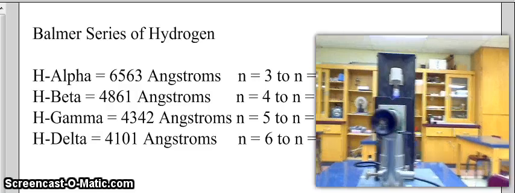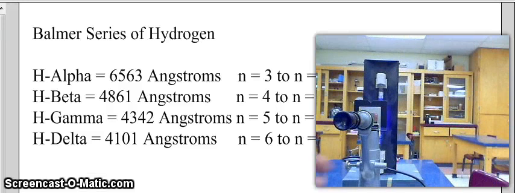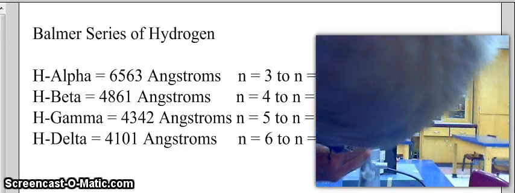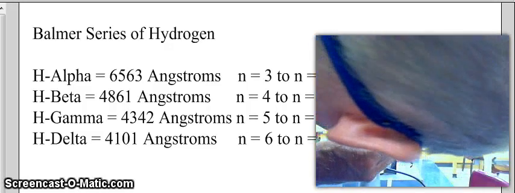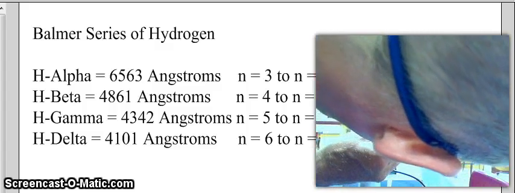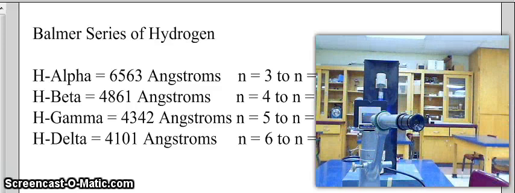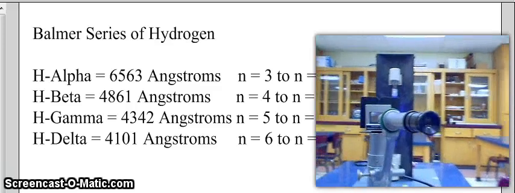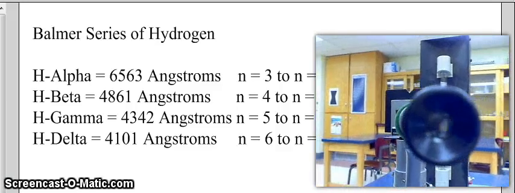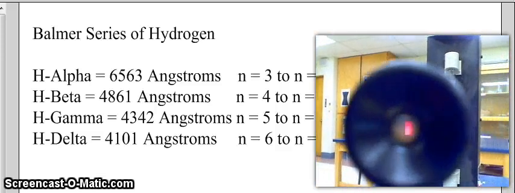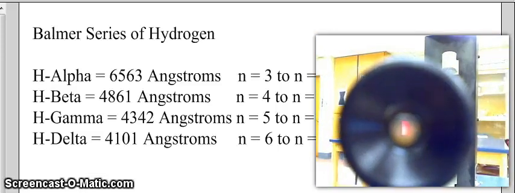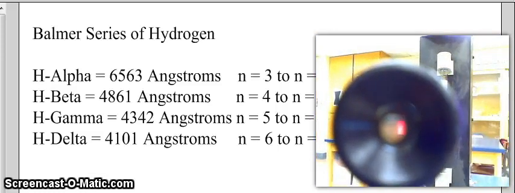I will move this away, and then I have to look here and move this. So now I have the red line. You notice it's at an angle. I will bring the camera so you can see that. Now you can see that is known as the H alpha line.